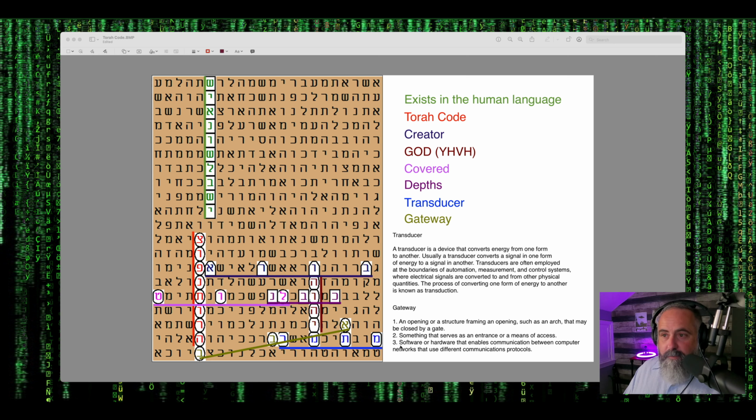And then if we go down to the third description, it is software or hardware that enables communication between computer networks that use different communication protocols. Okay?